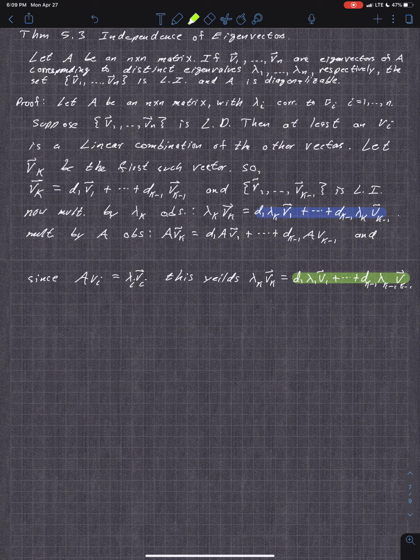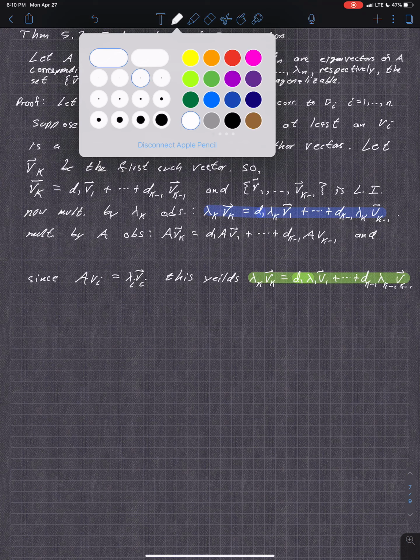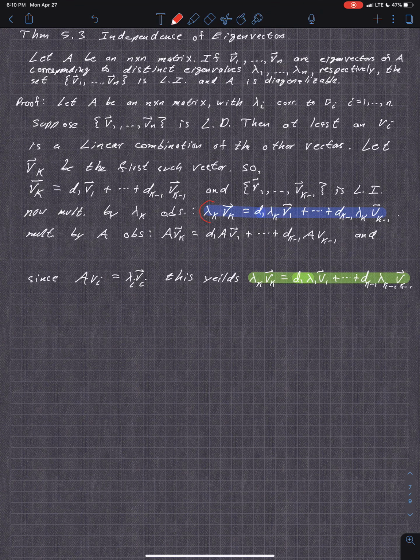Look at the left-hand side of those two equations. We're subtracting the whole combination. When you subtract them, note that the left-hand sides are the same, so the difference is 0.